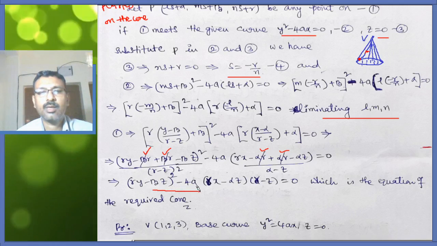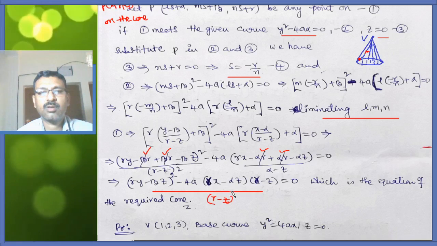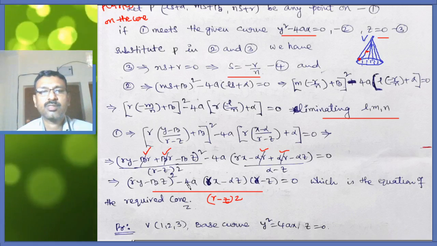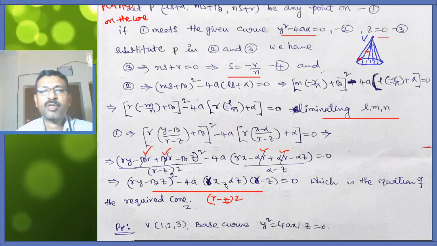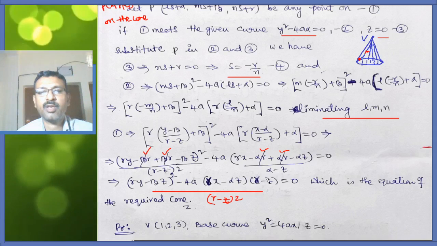Taking gamma minus z whole square as LCM, gamma y minus beta z whole square minus 4a into gamma x minus alpha z into gamma minus z equal to 0.